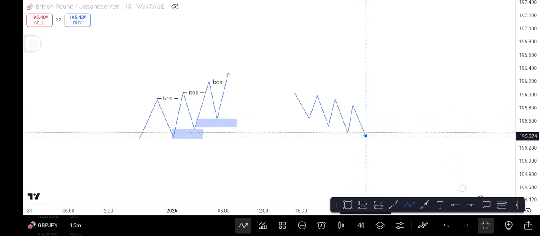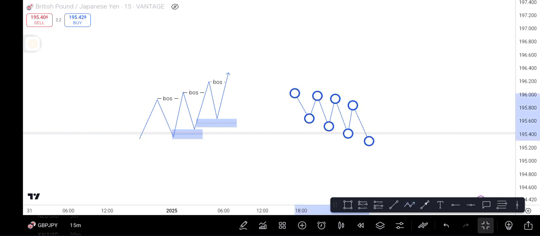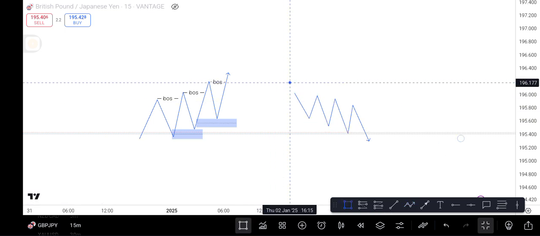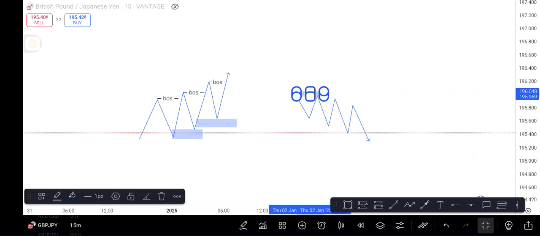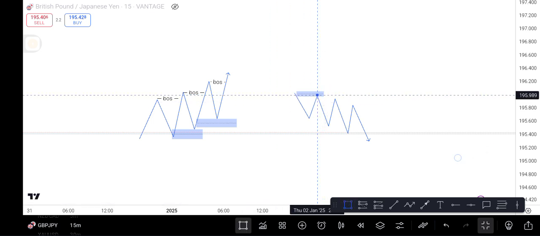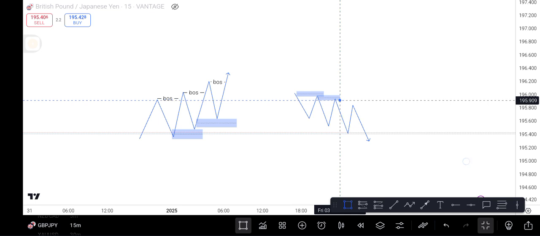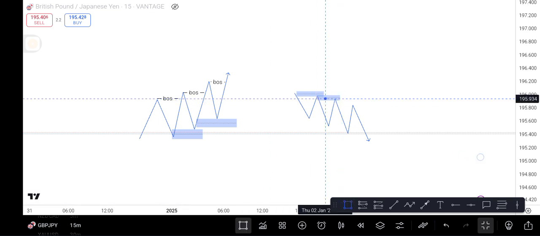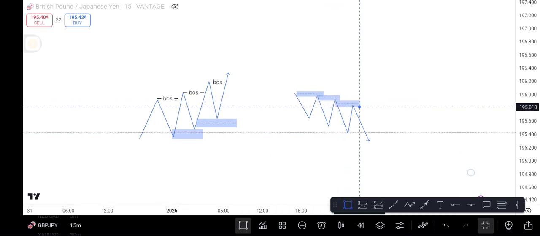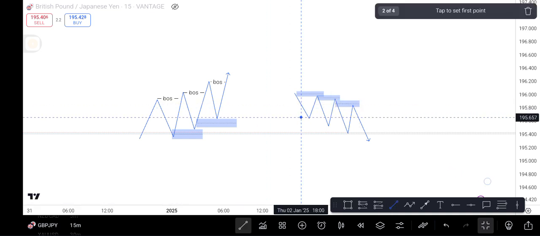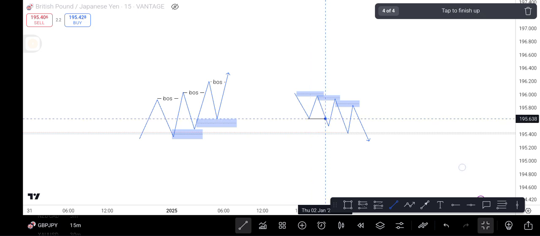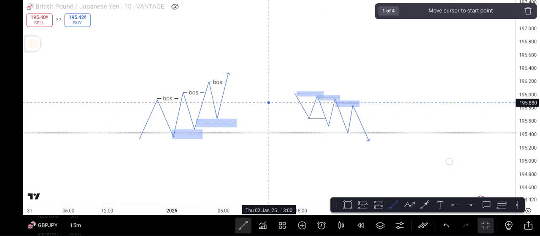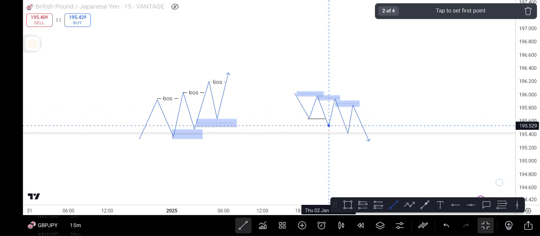So you then have price always coming back to a certain zone, and it's coming back to that zone to collect, number one, liquidity, and to take in the pending orders that are lying on those zones.